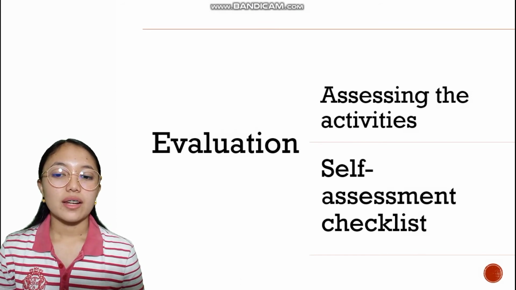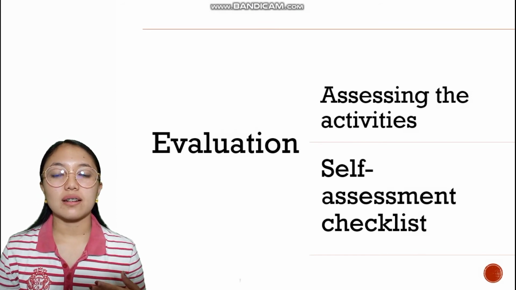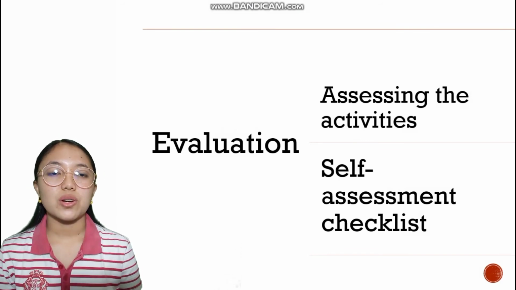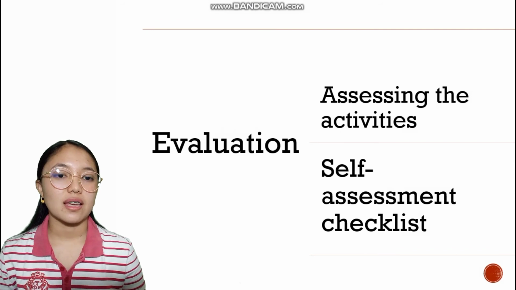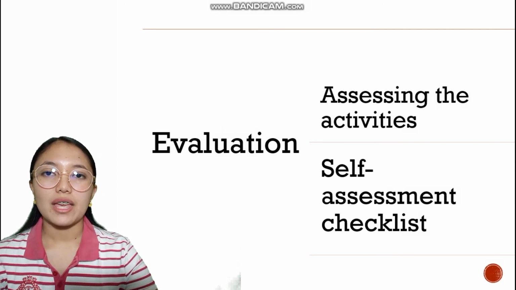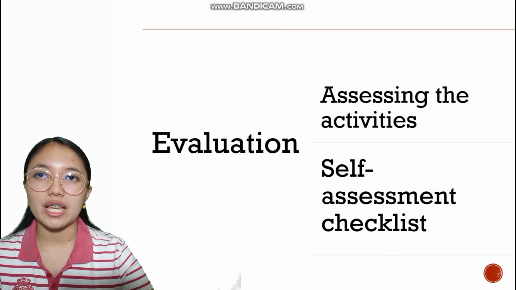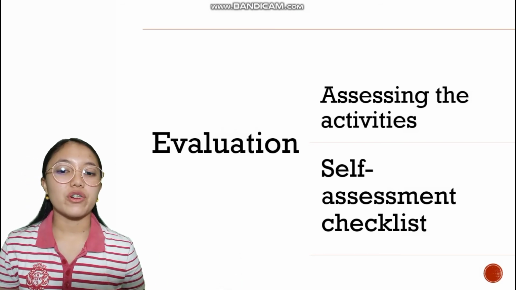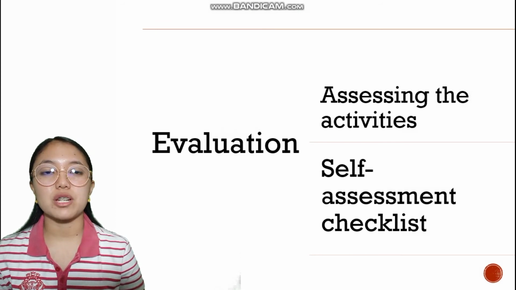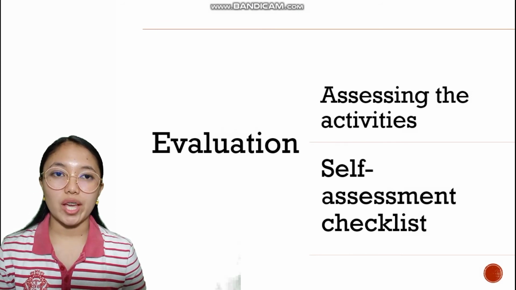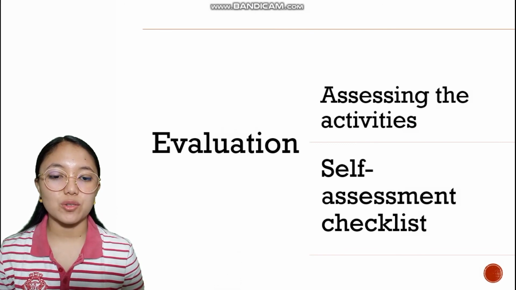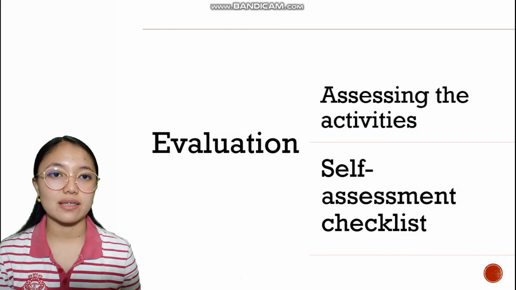And the last step is evaluation. In evaluation, you have to assess yourself by using a self-assessment checklist. As what I said before, this step is assessing the activities from the participant in discussion. You can do it by yourself through the self-assessment checklist.